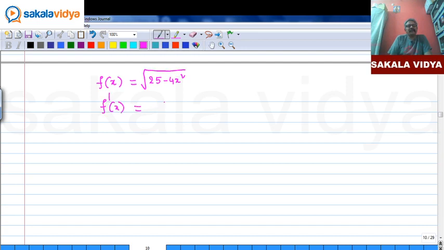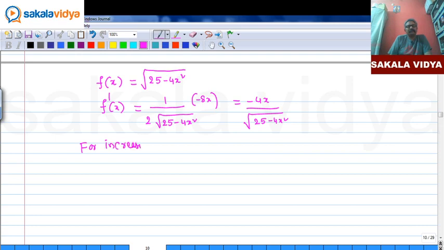So whose derivative is 1 by 2 root of 25 minus 4x square, and 25 minus 4x square differentiation is minus 8x. This will be minus 4x by root of 25 minus 4x square. For increasing, we know f dash x is greater than 0.